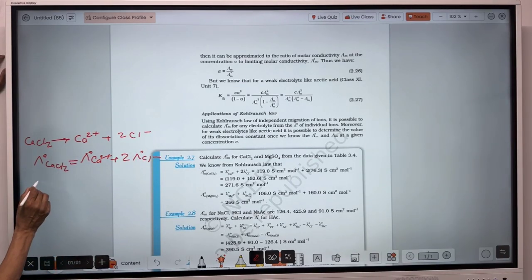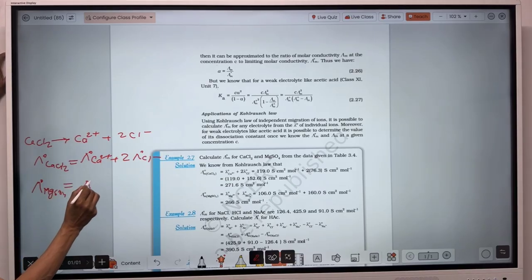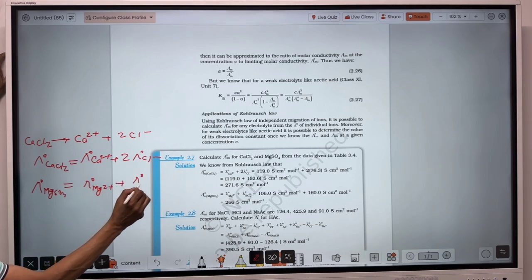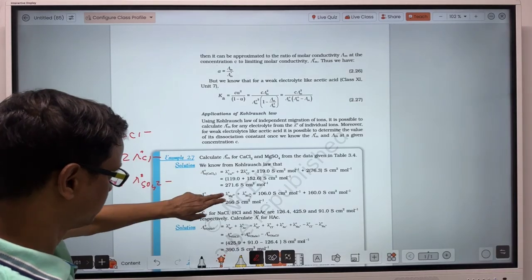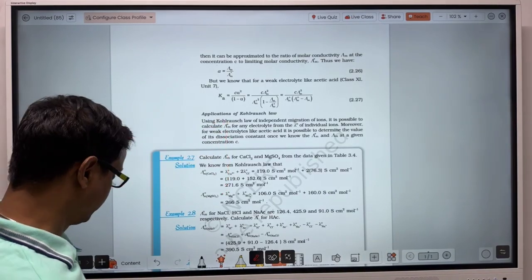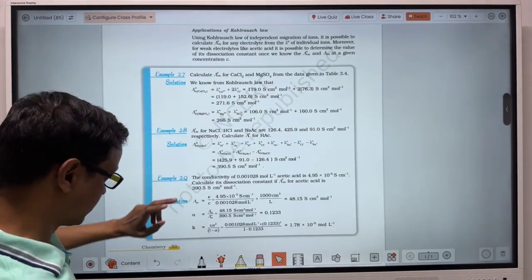Similarly, the limiting molar conductivity of MgSO4 will be equal to the limiting molar conductivity of Mg2+ plus that of SO4 2-. So you will have to find out the limiting molar conductivity of calcium, chloride, magnesium and sulfate. Let's see where Table 3.2 is.